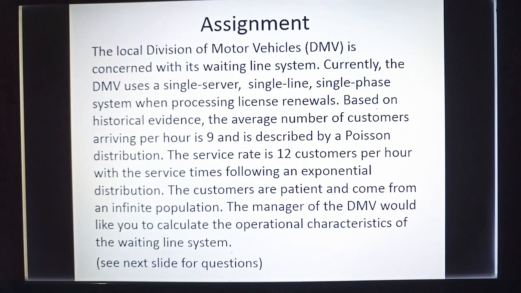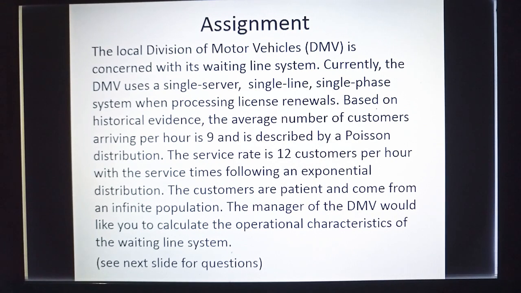For multi-server, we will not do examples, but you will have this one as your assignment. The local Division of Motor Vehicles is concerned with its waiting line system. Currently, the DMV uses a single server, single line, single phase system when processing license renewals.